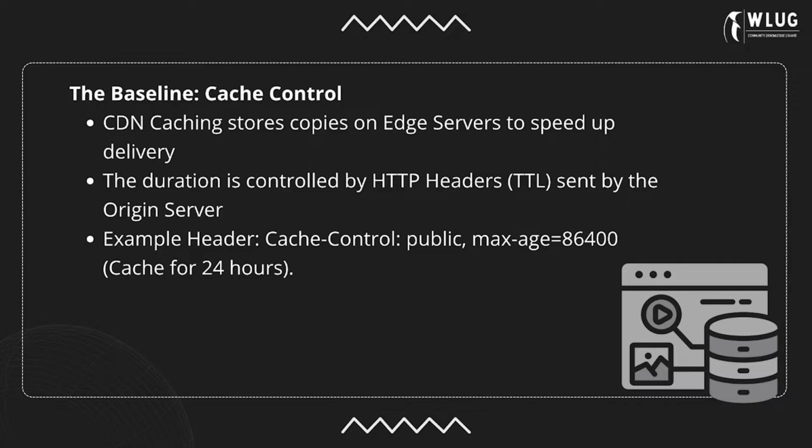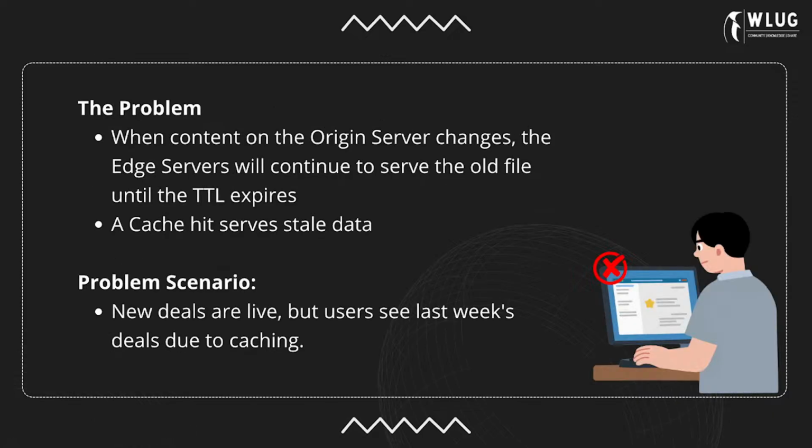So this system is great, but it will work until it doesn't. And why is that? Suppose you have uploaded some content and you have defined the time to live expiry for it.